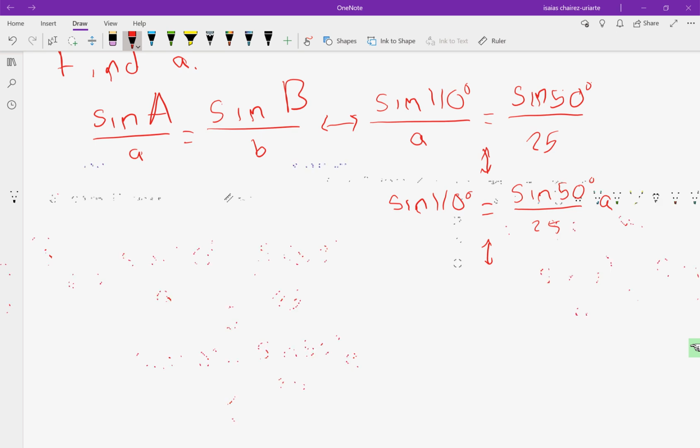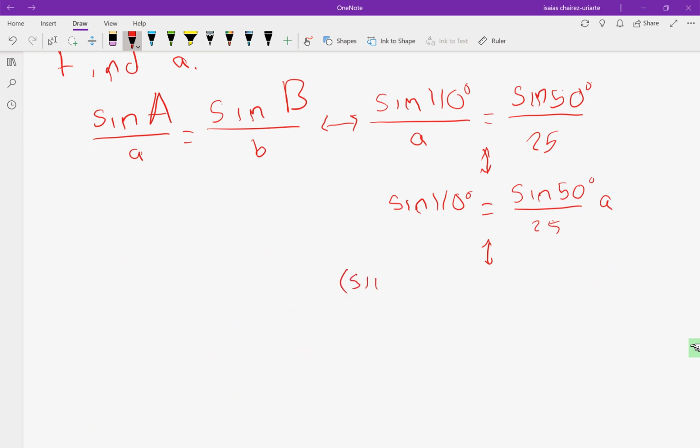And I'm going to put parentheses around things just to be careful. All right, so that's what it looks like to solve for A.